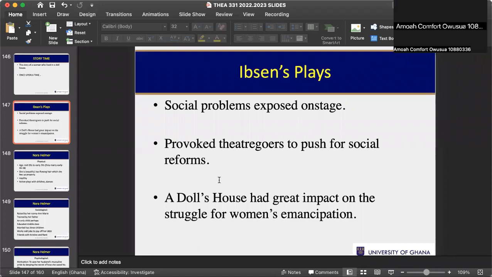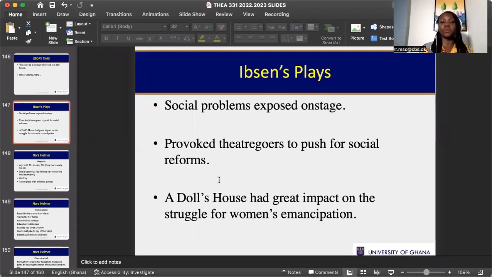Because, I mean, he didn't want to risk censorship. And so he wrote most of these politically charged social problem plays elsewhere. And so most of his plays treated taboo subjects that provoked theater goers to push for social reforms. And A Doll's House is one of such plays that made great impact on the struggle for women's emancipation in the late 19th century into the early 20th century.